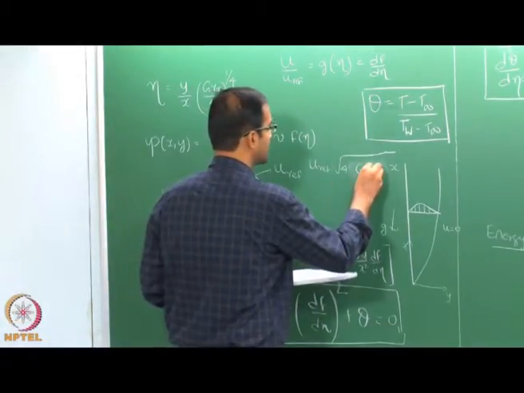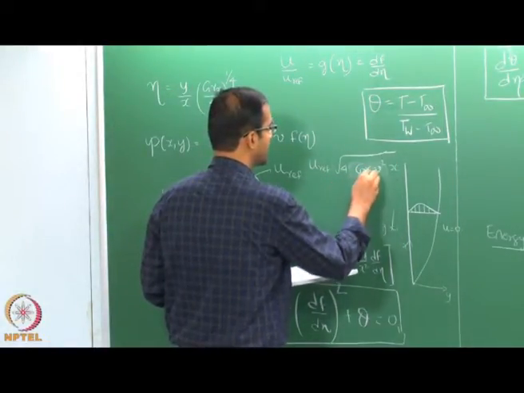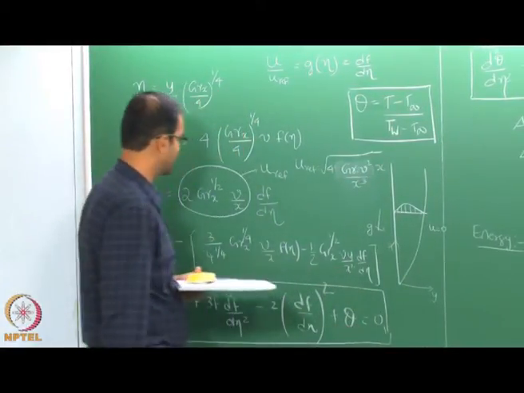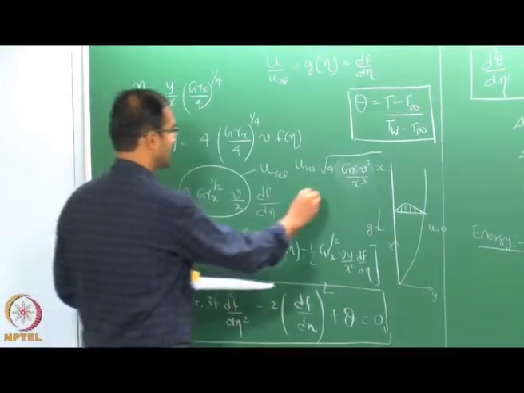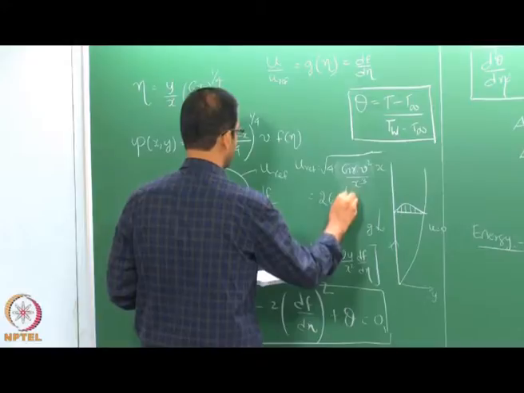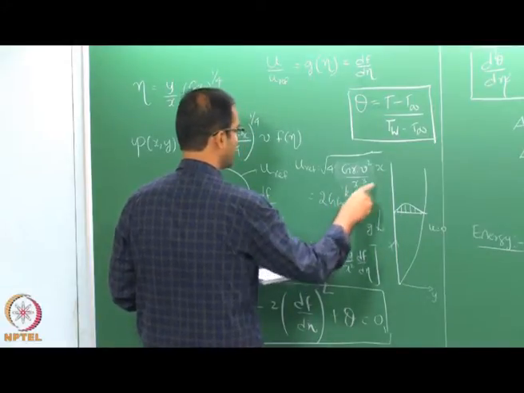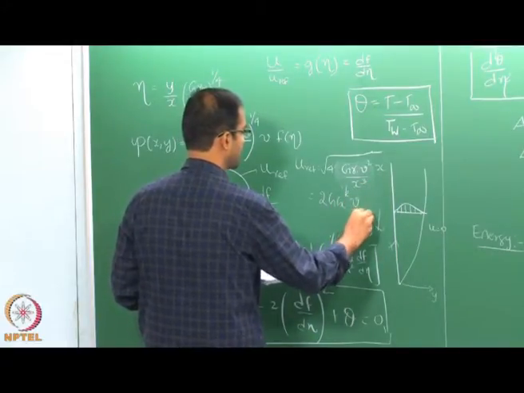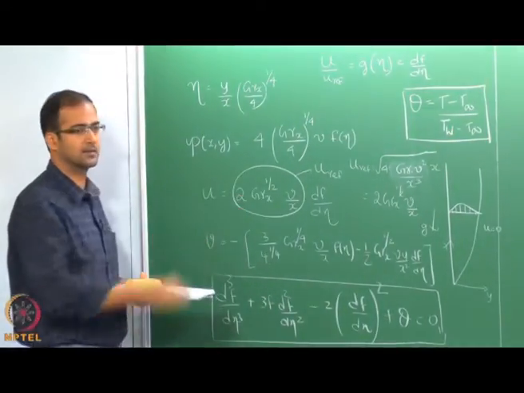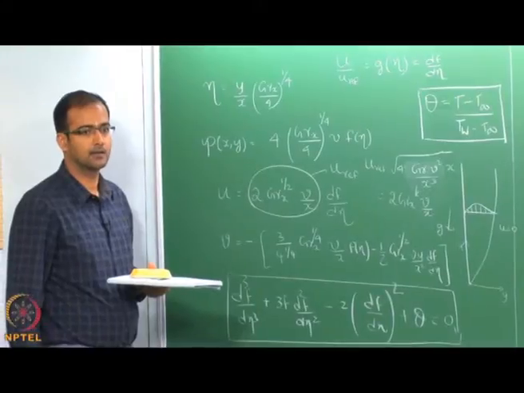Grashof number into nu square by x cube. Okay. So, therefore, you have 2 times. So, this is local Grashof number. If you take this, this is nu, and this is x square. If you take this is nu by x, right.